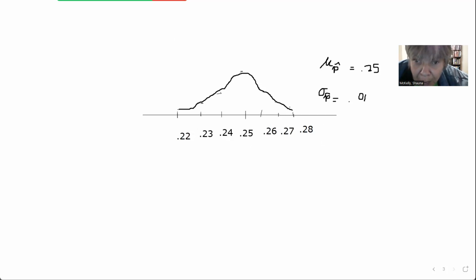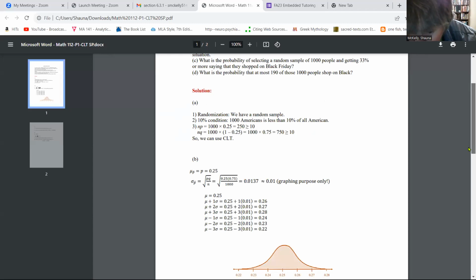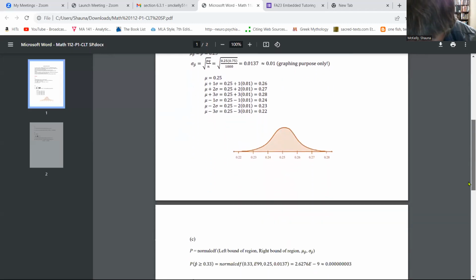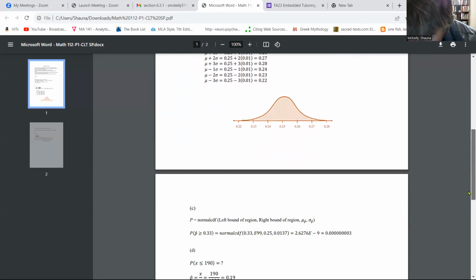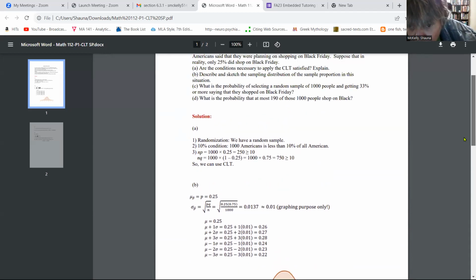Okay, so now I'll show you a picture of hers, which is much nicer than mine. Here it is. Okay, there's my distribution. The next question: what is the probability of selecting a random sample of 1,000 people and getting 33% or more saying that they shop on Black Friday?